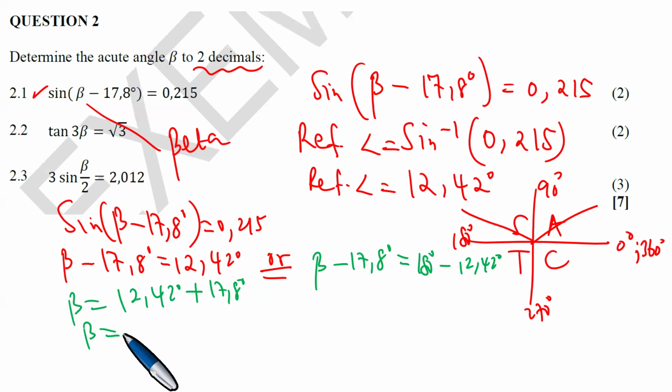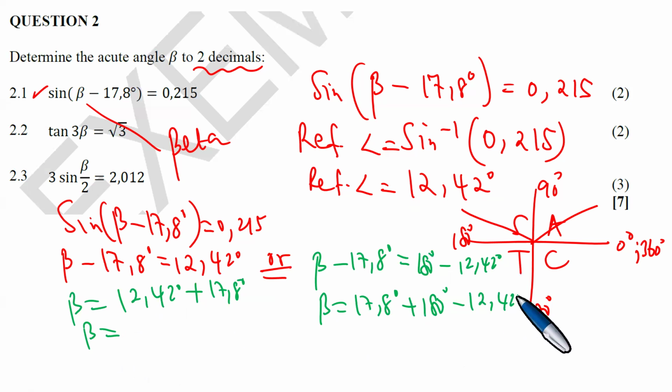Beta equals, so what answer do we get? So beta equals this one here, which is actually exactly, so we bring the 17.8 to the other side, so it becomes 17.8 degrees plus 180 degrees minus 12.42 degrees, and beta equals this, and beta equals that.